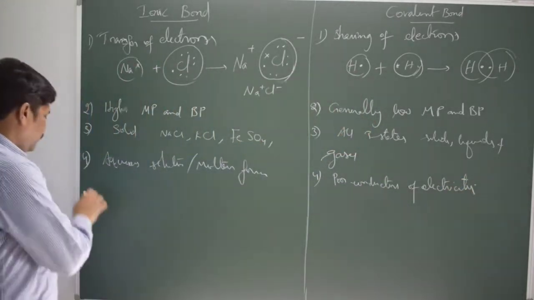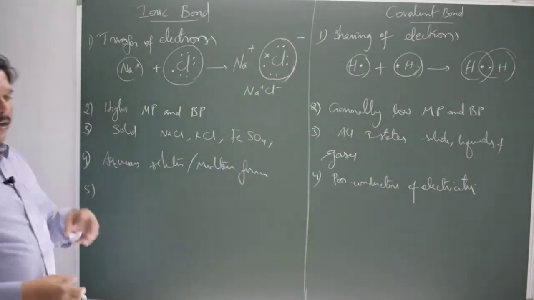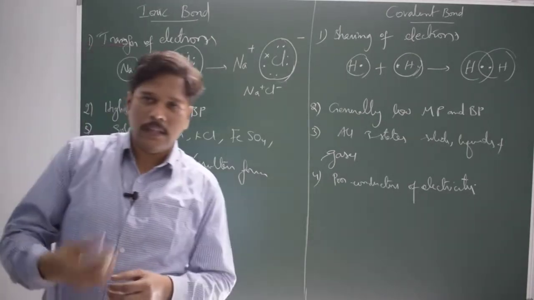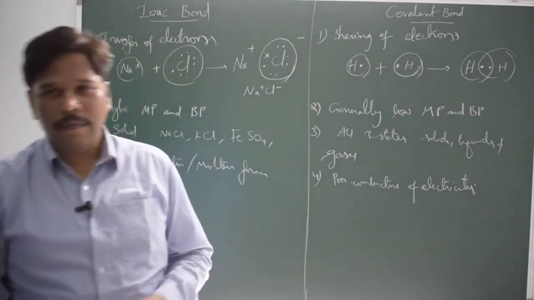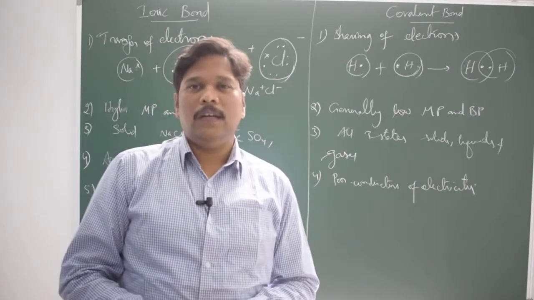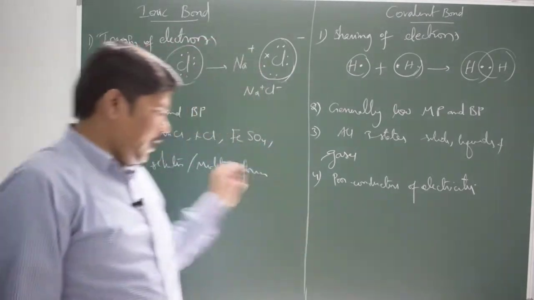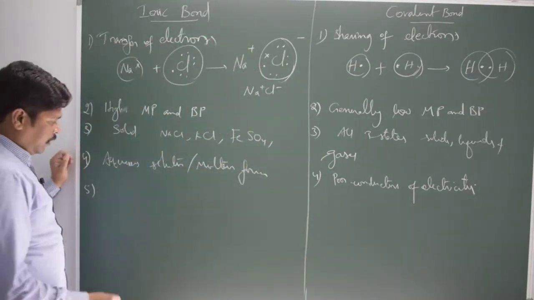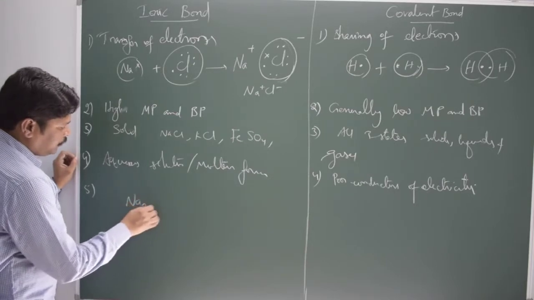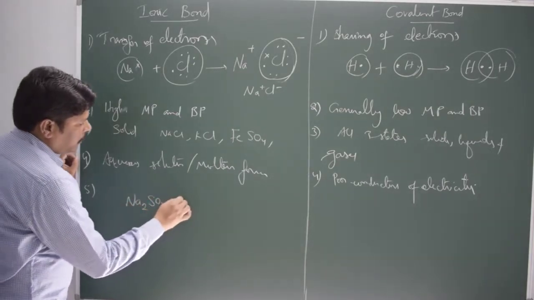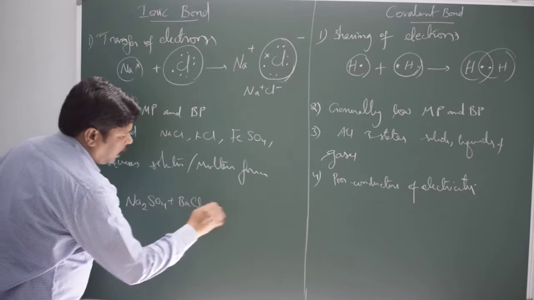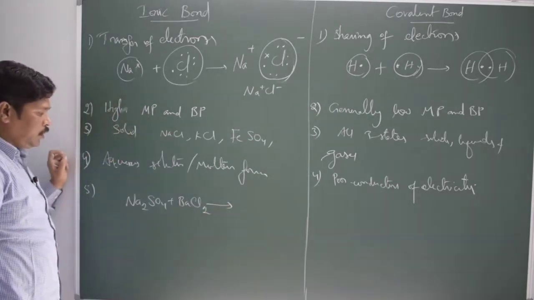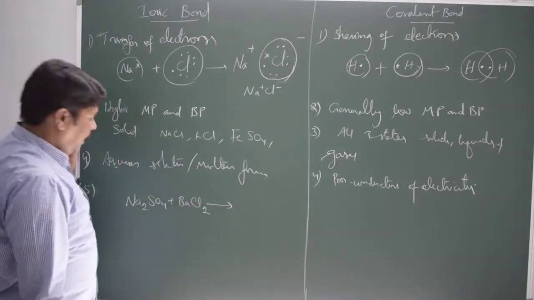One more important point is that these reactions take place instantaneously. You have learned in your first chapter in chemistry about double displacement reactions. One regular reaction which you come across is sodium sulfate plus barium chloride. Both are colorless transparent solutions when dissolved in water.